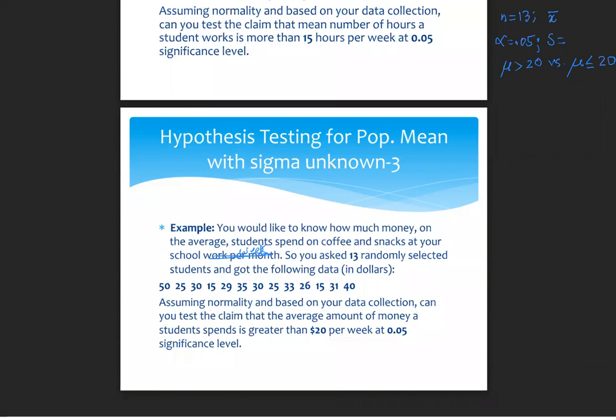All right, let's see what you got done. It looks like I have the mean as 29.54, and the standard deviation is 8.98. Maybe I'm reading the wrong one. It says 8.98.